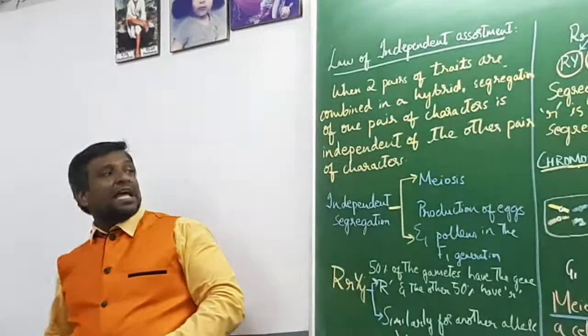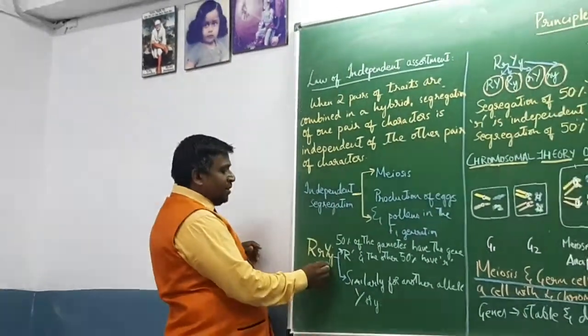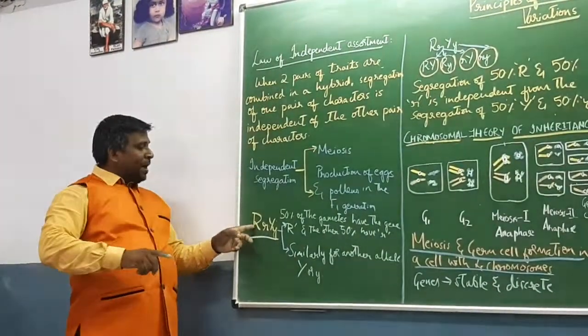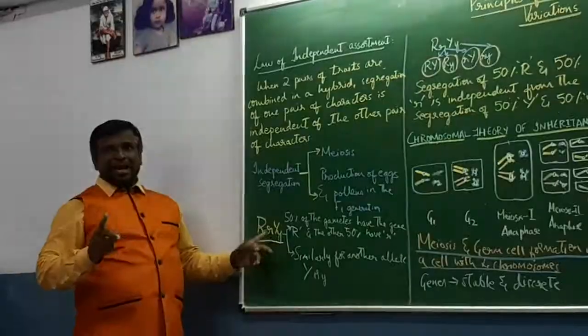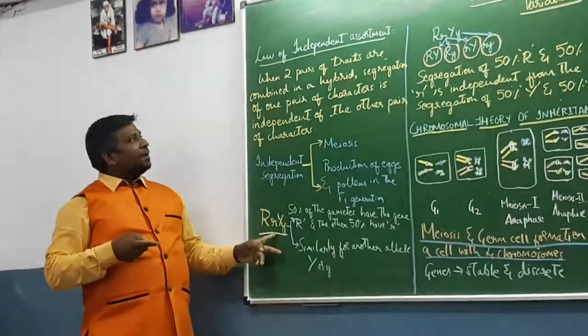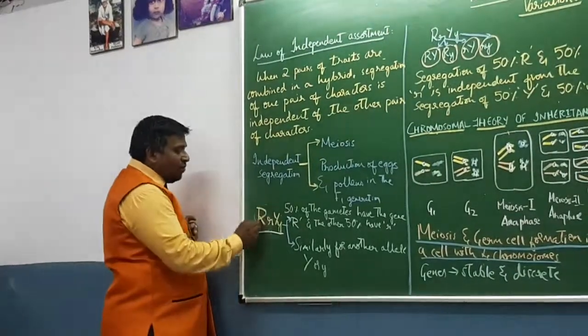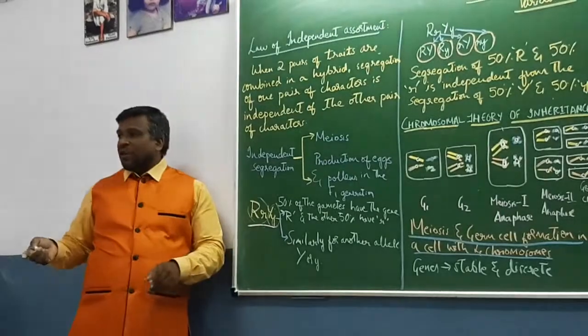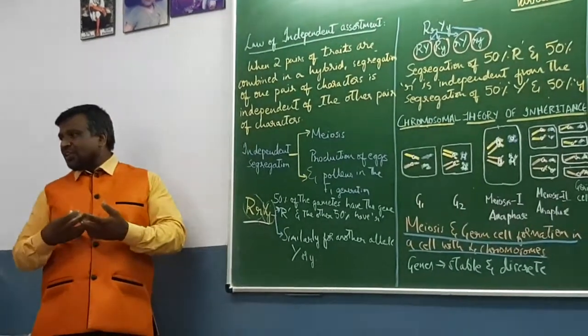If you take the example of RRYY, when two pairs of traits are combined in a hybrid, segregation of one pair of characters is independent of the other pair. They don't influence each other.